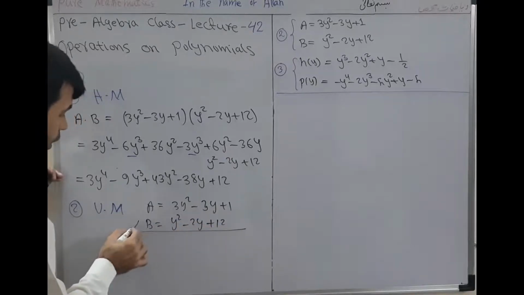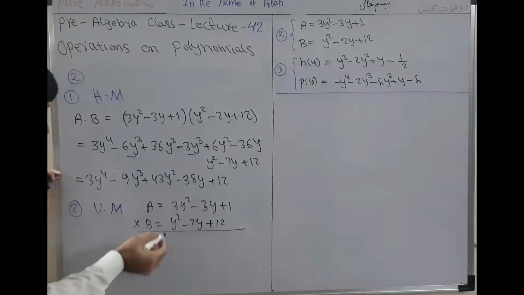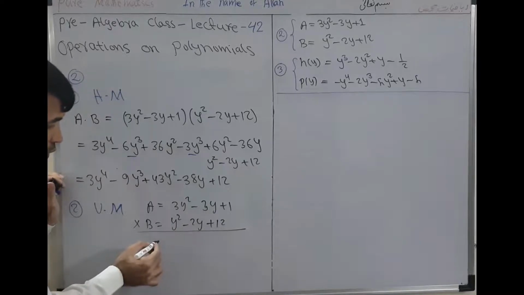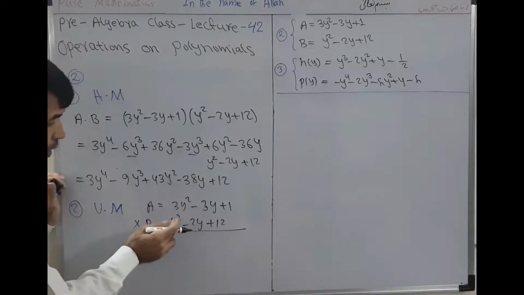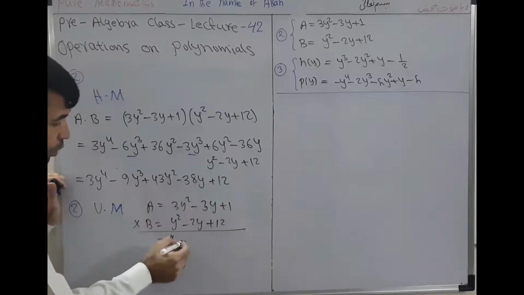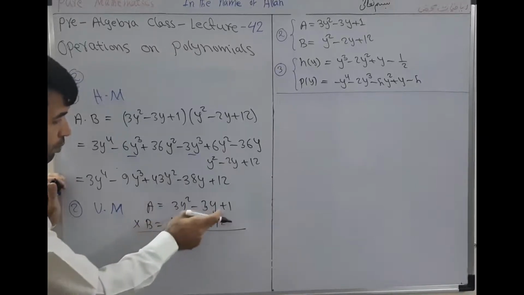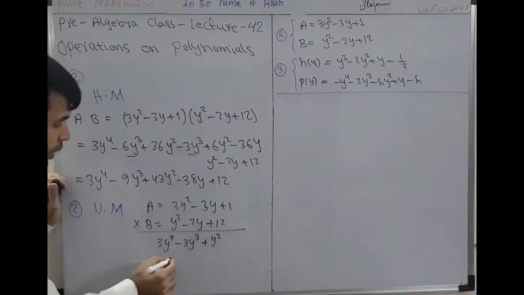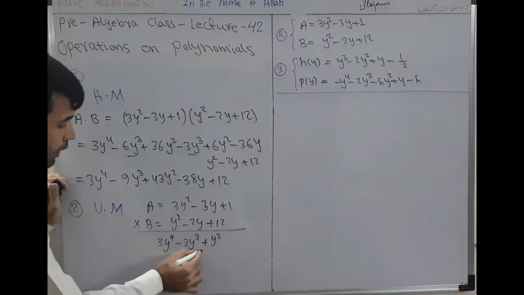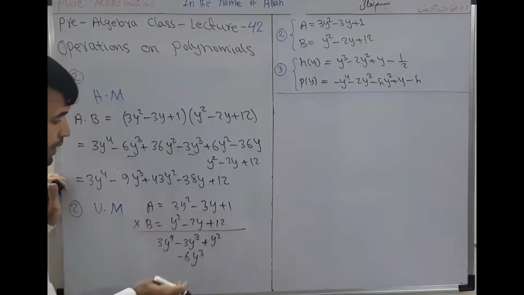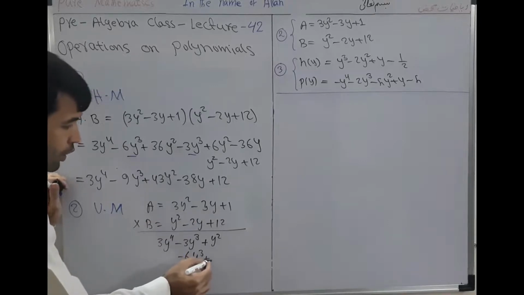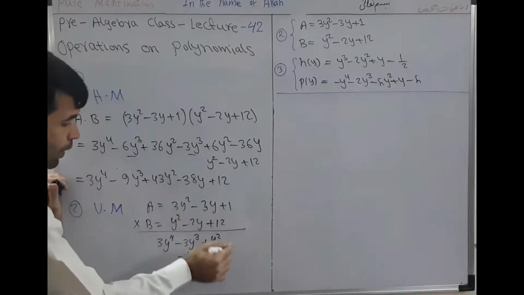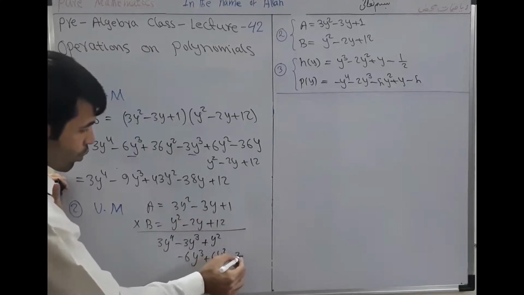Now we want to multiply these two polynomials. y squared multiplied by 3y squared, 3y to the power 4, plus y squared multiplied by minus 3y, minus 3y cubed, plus y squared multiplied by plus 1, y squared. Minus 2y multiplied by 3y squared, minus 6y cubed, minus 2y multiplied by minus 3y, plus 6y squared, minus 2y multiplied by plus 1, minus 2y.